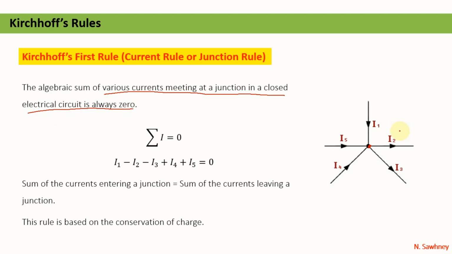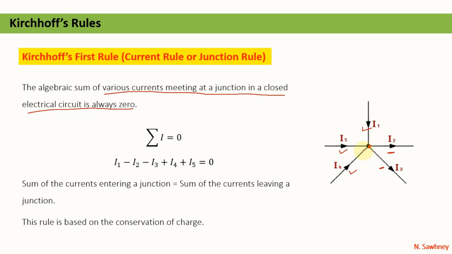That means at this junction the sum of all currents either entering or leaving will be equal to 0. Look here, I1 is entering, I5 is also entering, I4 is also entering the junction, but I2 and I3 both are leaving the junction.